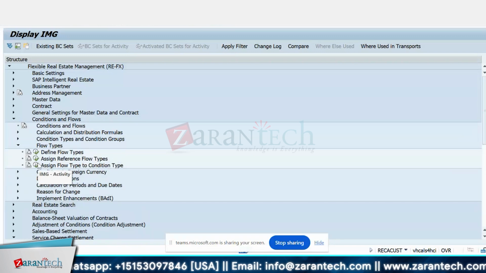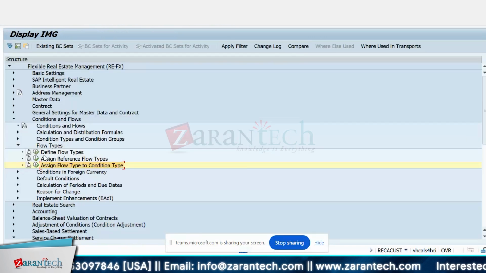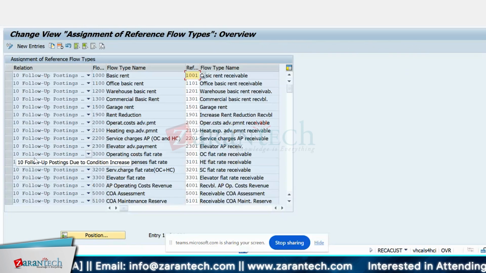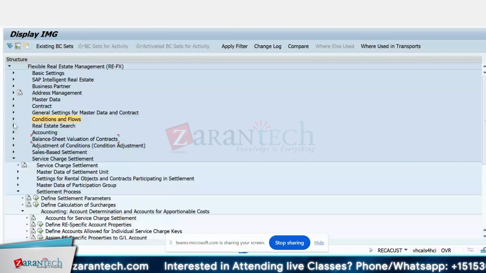So this is coming from assign, sorry, not this one. Assign reference flow type. So this screen and the other screen are both the same. Okay. So if you get into this node under service charge settlement, you'll get to see what all things need to be configured.